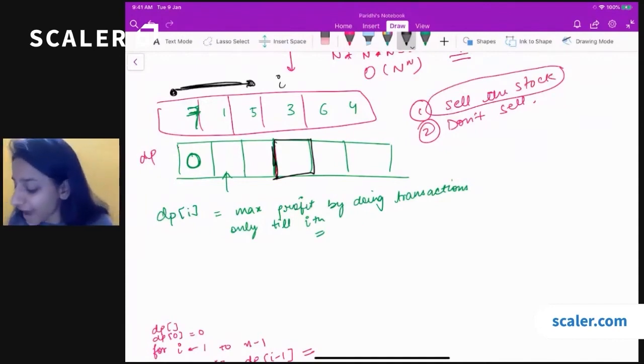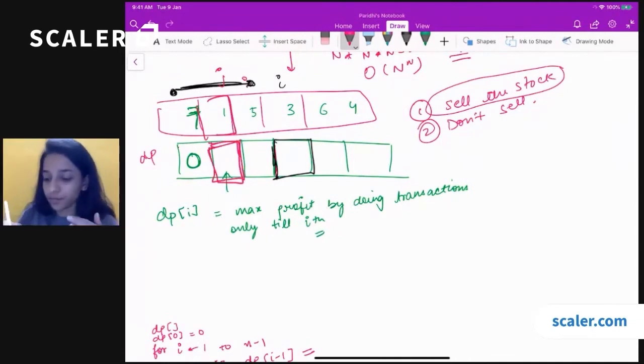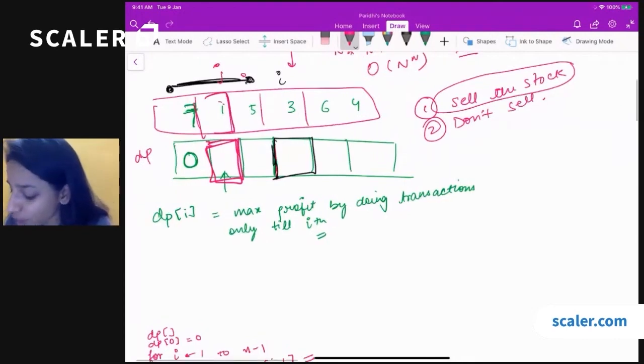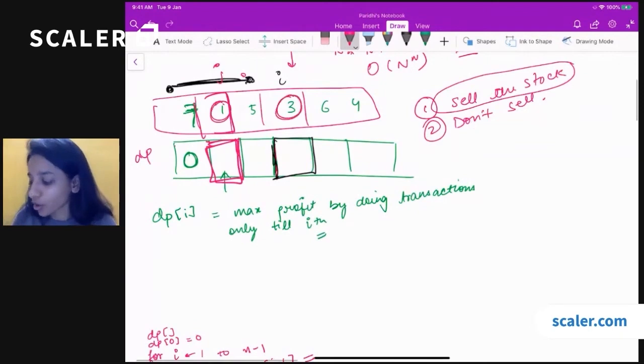We will check if the value of the jth element is smaller than this element. And whatever is the value of DP till that point, we will add to the profit we have achieved by buying the stock at cost 1 and selling at cost 3.